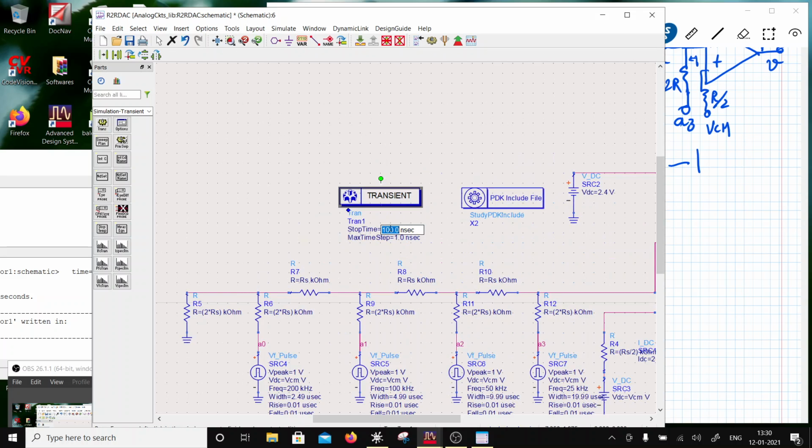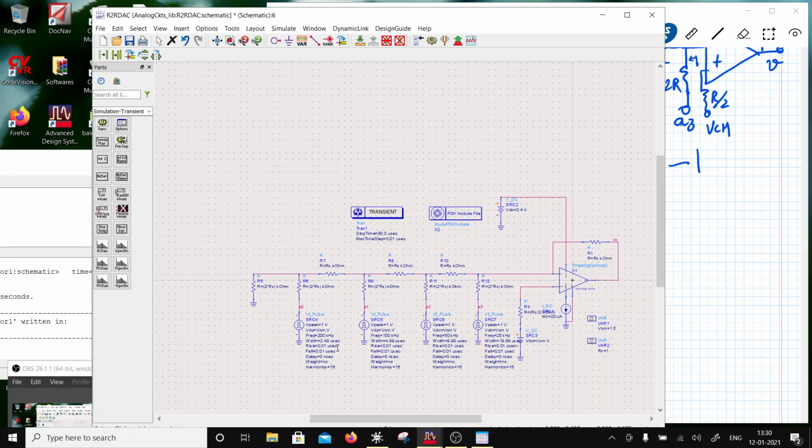Just one second. So this will be 0.01 microsecond. Correct? So now I have this for 80 microseconds. Let's check the time periods also. 2.5, 5, 10 and 20.